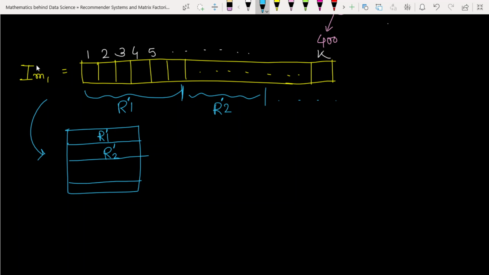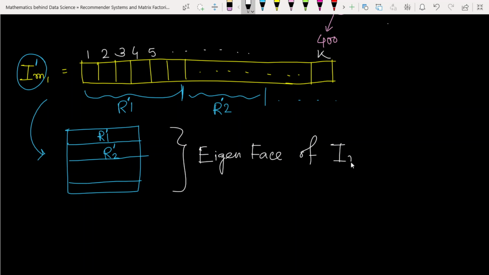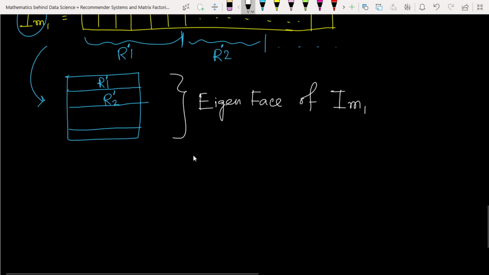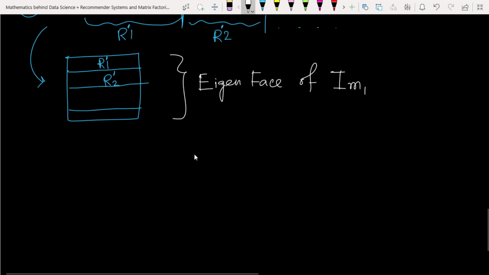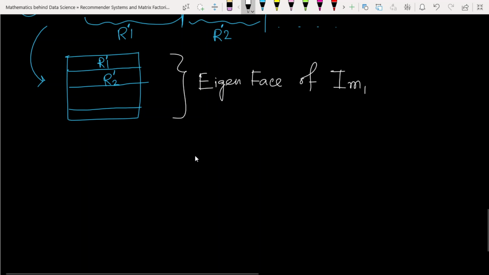Suppose we take a different test image. This image is called the eigenface of image 1. I think you got the idea how this image has been represented.